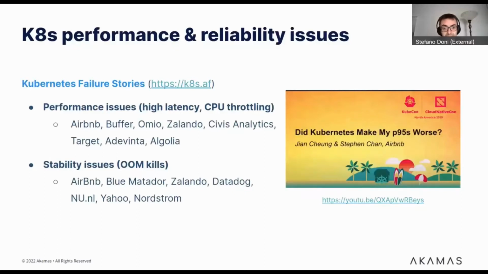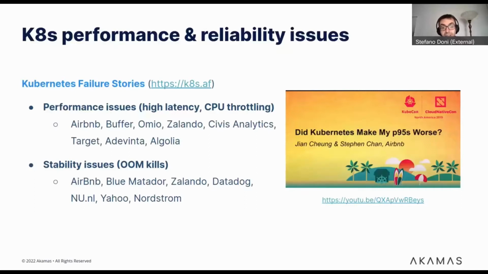So they even created this very interesting website called Kubernetes Failure Stories. It was created by a Zalando engineer, and it was meant to share all the incidents and failures that people had while running on Kubernetes, with the hope of learning from each of them and improving the status of the platform itself.